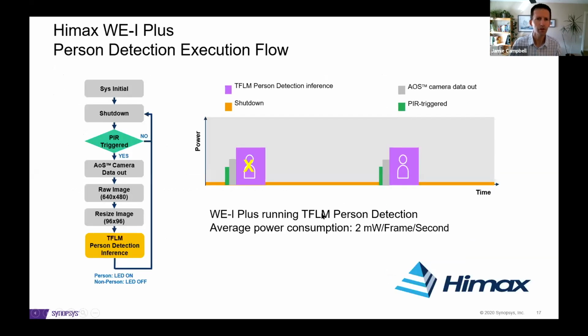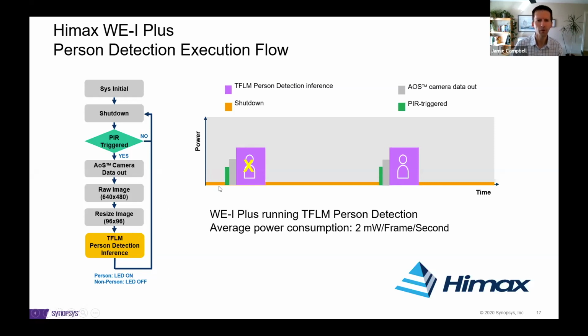So here's what the example flow looks like. Because of the shutdown logic in the target, it spends a lot of time sleeping. If the passive infrared is triggered, we'll wake up, the camera will capture an image, the image will be resized, we'll pass it into TFLM person detection, and a light will come on if a person is detected, or stay off if not.